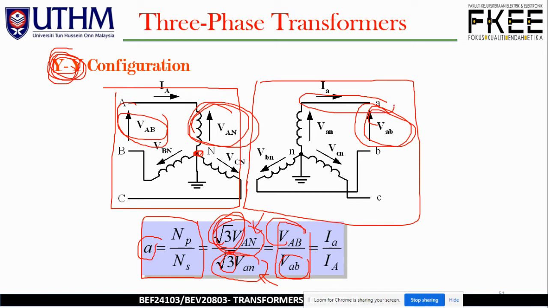So this is how we analyze the turn ratio. For I_A, the line current, no problem. It is either line or phase.